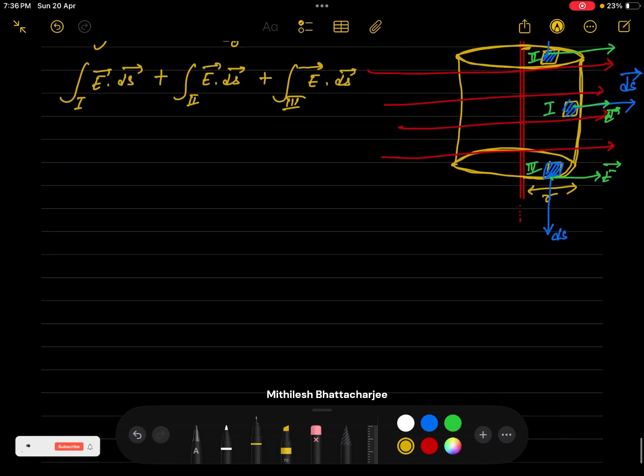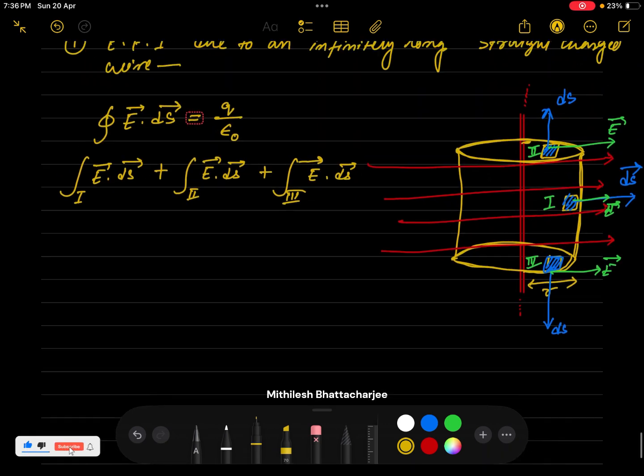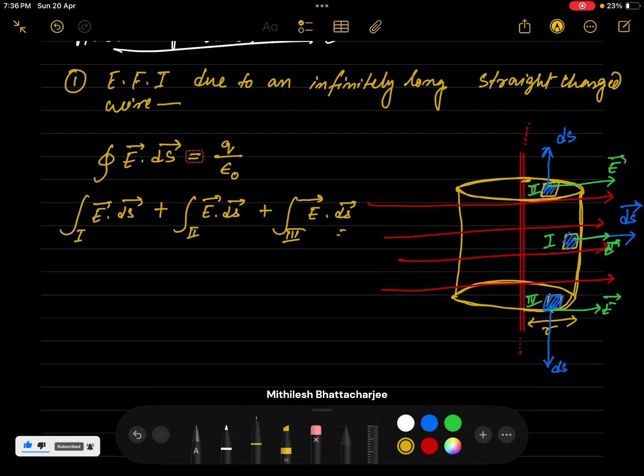Now see, 1 by epsilon into q means q by epsilon.